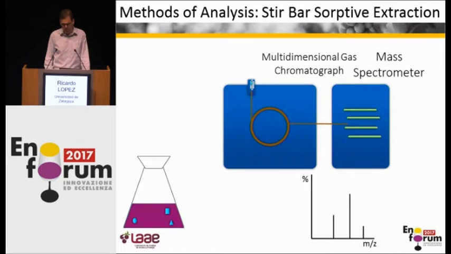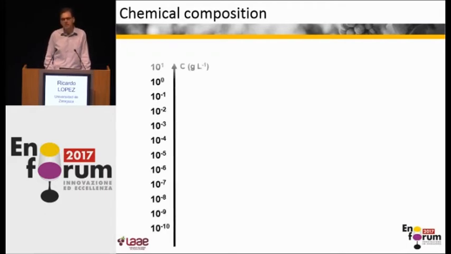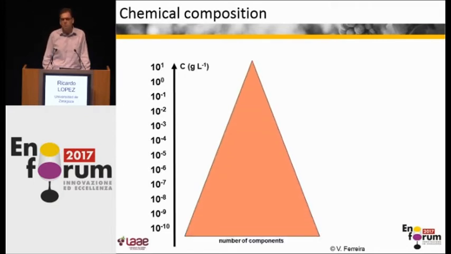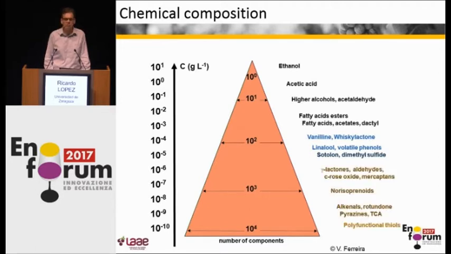Okay, so with all these analytical methods, we obtained concentration data for 70 compounds. You can imagine that these compounds range widely in concentration. Volatile compounds in wine cover 10 orders of magnitude in concentration, from compounds like ethanol, which is in grams per liter, to compounds in the range of nanograms per liter, such as the methoxypyrazines that I commented on before.